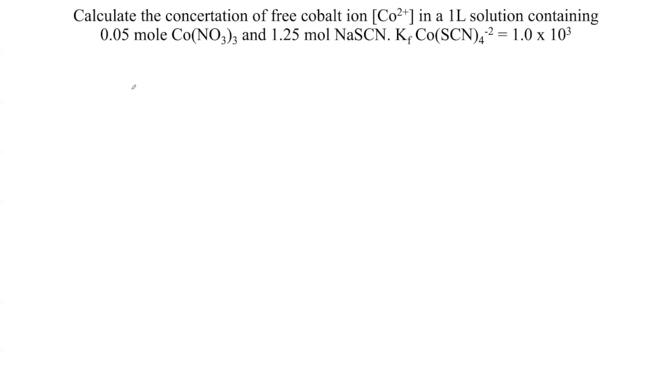So if we consider the formation to start off, we would have our cobalt 2+ reacting with the isocyanate, and there are 4 of these. And then this would be in equilibrium with the cobalt complex.